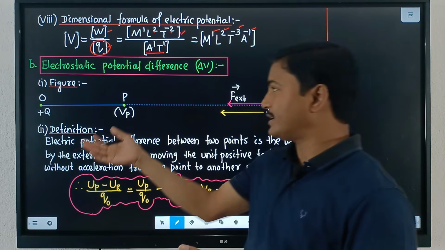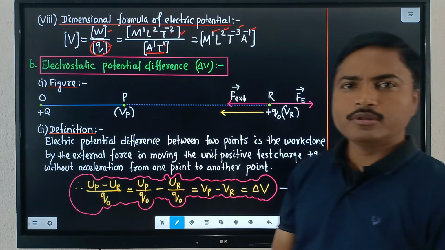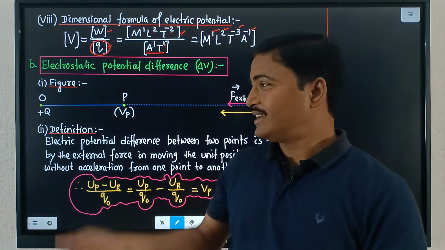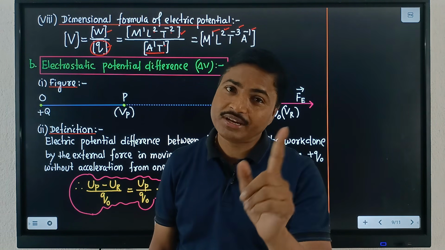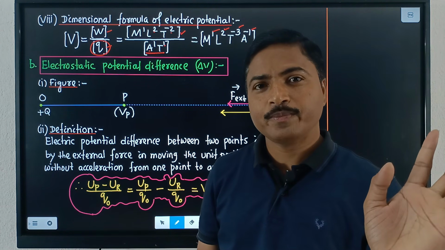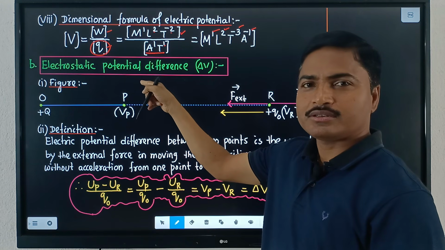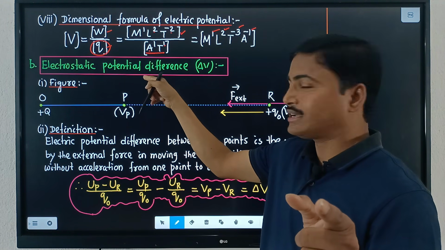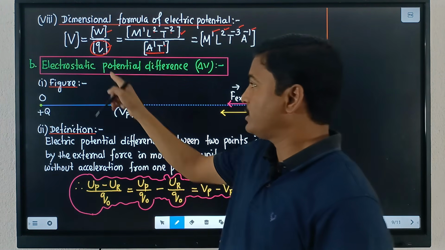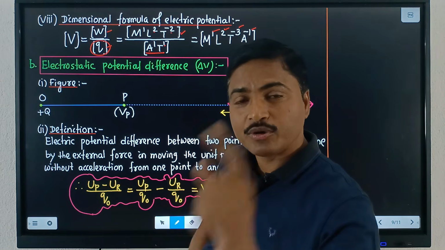And another point is your electrostatic potential difference. What is electrostatic potential difference? Its definition is the same as the definition of electrostatic potential energy difference, but only one difference is there.